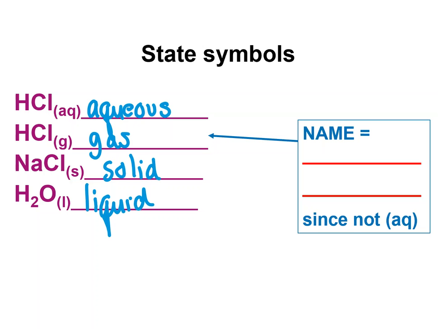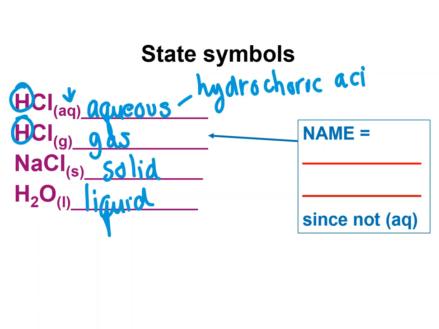And what I was saying about the name being different, these top two, of course, are acids. And technically, an acid is only named as an acid when it's dissolved in water, as this top one is. So this top one we would call hydrochloric acid.